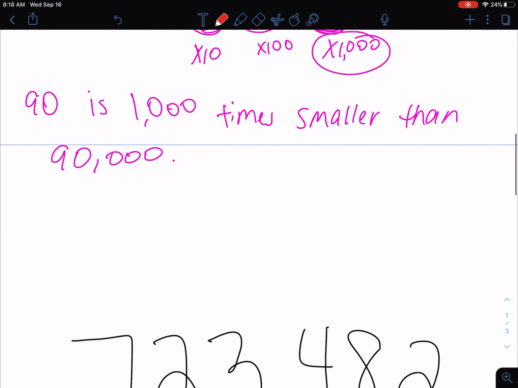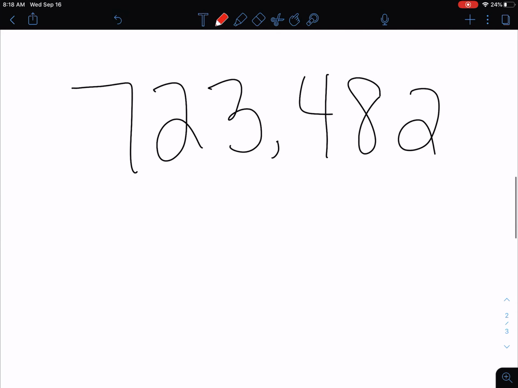And one more example, 723,482. We're going to compare our 2s. So we know that this 2 is in our 1s place, and this 2 is in our 10,000s place. Let's use some pink and count our movements.